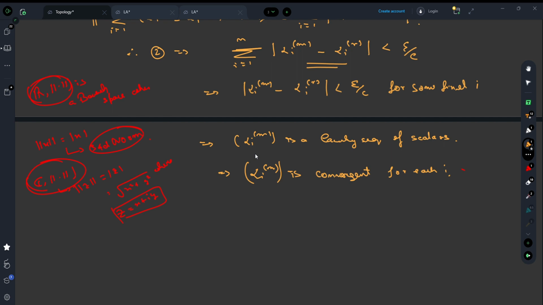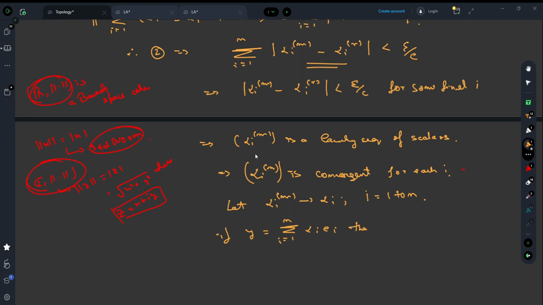So it's convergent for each i. Let alpha_im converge to alpha_i, and obviously i ranges from 1 to n.